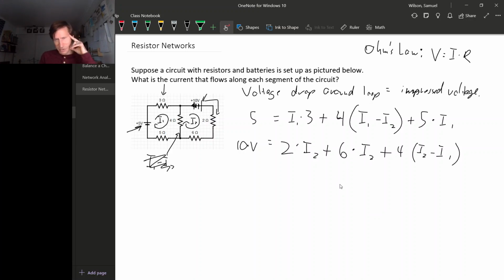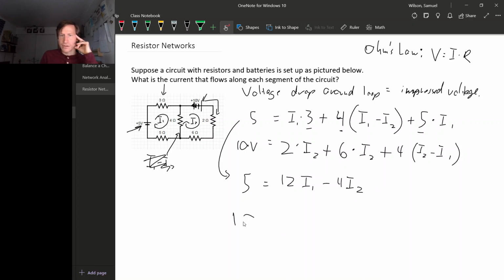So let's simplify it. For the first equation, we have 5 equals, so here's 3, 8 I1, and here's 4 more I1, so 12 I1, and then minus 4 I2.